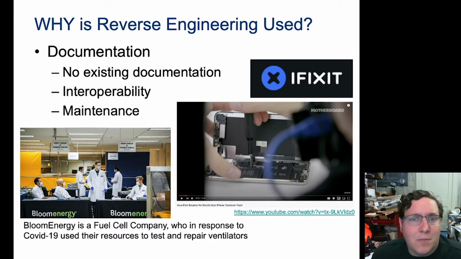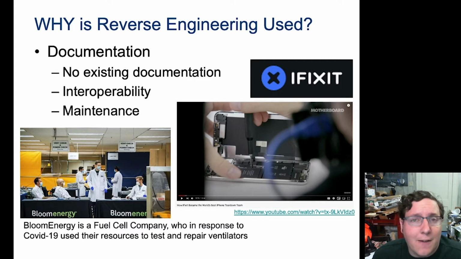One is where the documentation exists, but it's not necessarily available to everyone. Think about your cell phones or your game consoles or even some of your computers. Service maintenance people and companies have documentation on how to repair a product, but that doesn't necessarily mean that you have access to it.